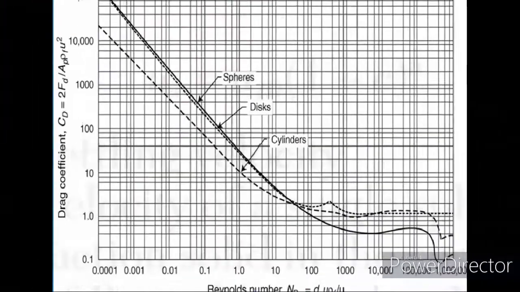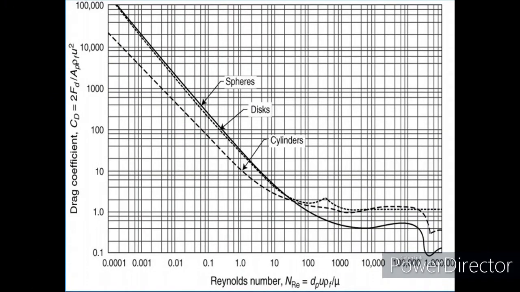As you can see on your screen, we have the graph for the Reynolds number versus the drag coefficient. This graph is very useful if, for example, meron tayong given na drag coefficient. You can already know the value of the Reynolds number by simply using this graph.